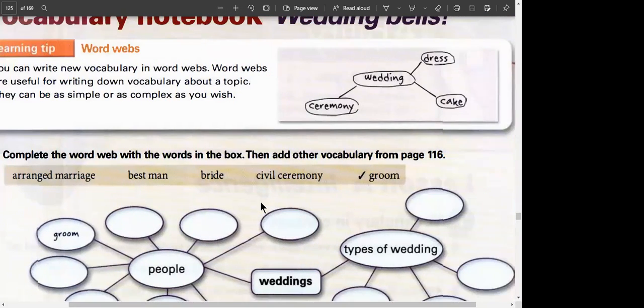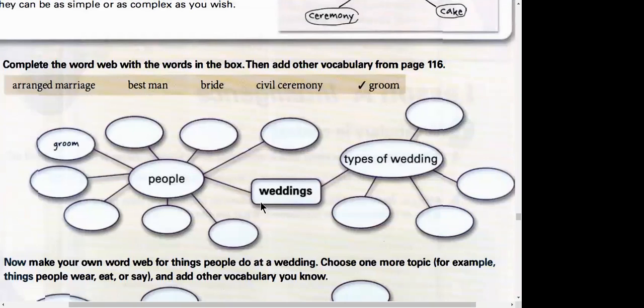The first one, people: best men, bride, bridesmaids, roommates, matchmaker, parents of the groom. Can you please repeat that one, please?